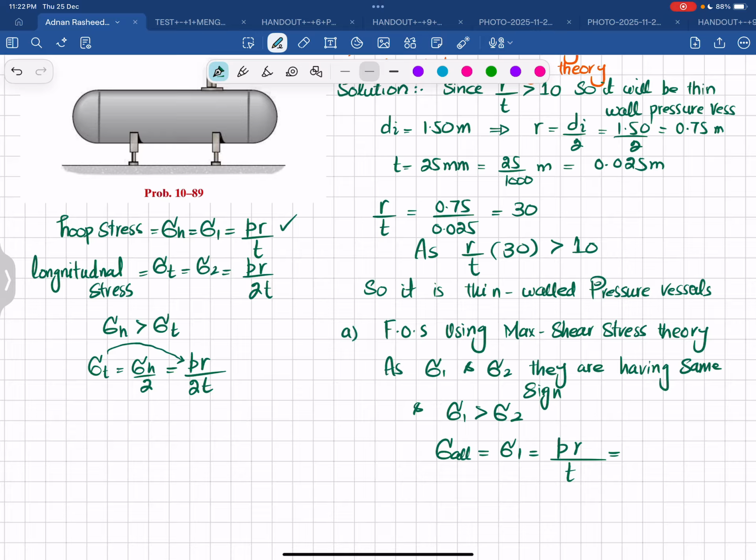So put in the values: P is 5 megapascal, R is 0.75, and T is 0.025.